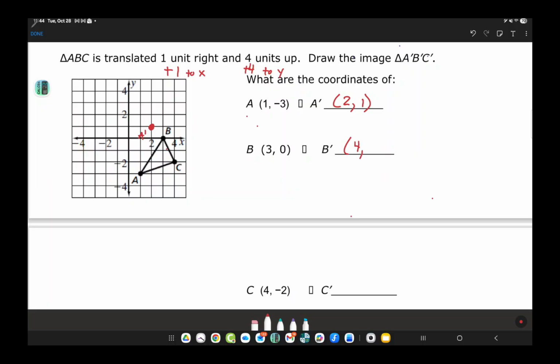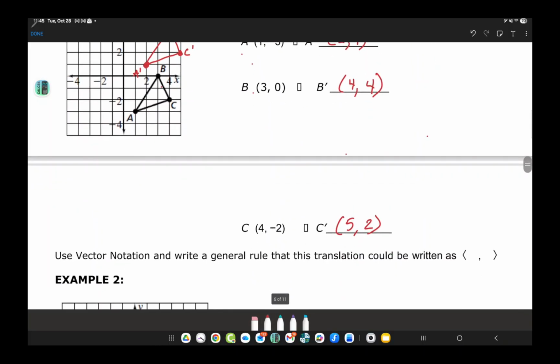If I add 4 to 0, I get 4. So 4, 4 will be my B prime. If I add 1 to 4, I get 5. Add 4 to -2, I get 2. So 5, 2 will be the C prime. So the translation could be written as the vector 1, 4.